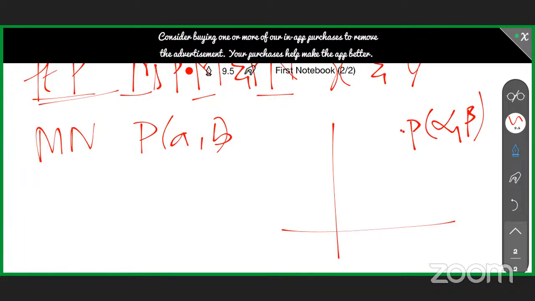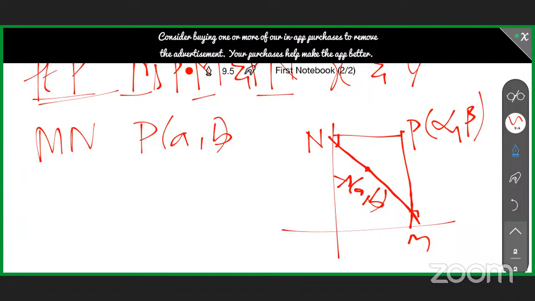For x-axis it is PM, and for y-axis it is PN. And this line MN is passing through a fixed point, let us say A comma B. So now I want to find the locus of this point P.